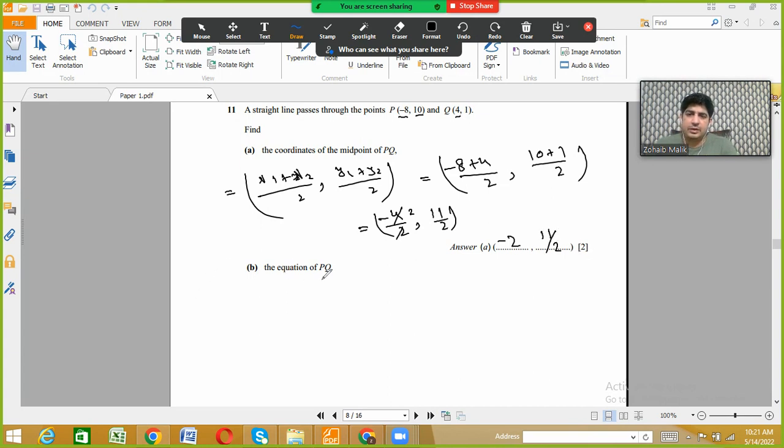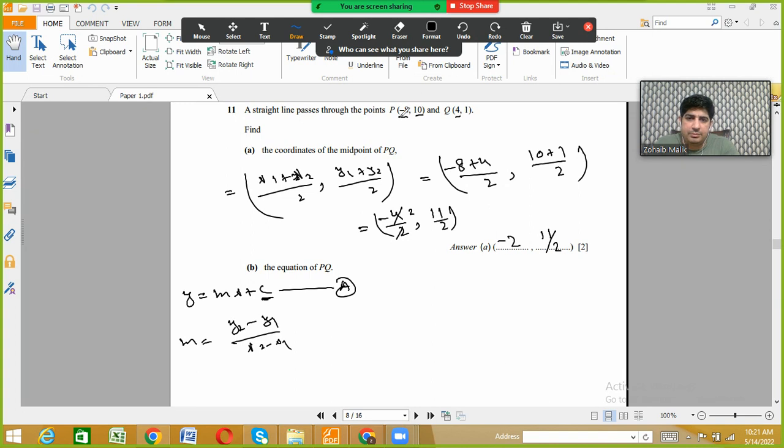Now we have to write the equation of PQ, which is basically y is equal to mx plus c. For this purpose, we have to find the gradient of PQ and we have to find the y-intercept, which is called c, for PQ. So the gradient of PQ would be, as you know, the formula is y2 minus y1 over x2 minus x1.